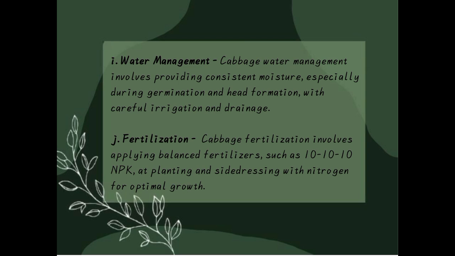Cabbage water management involves providing consistent moisture, especially during germination and head formation, with careful irrigation and drainage. Next is the fertilization. Cabbage fertilization involves applying balanced fertilizers such as 10-10-10 NPK at planting and side dressing with nitrogen for optimal growth.